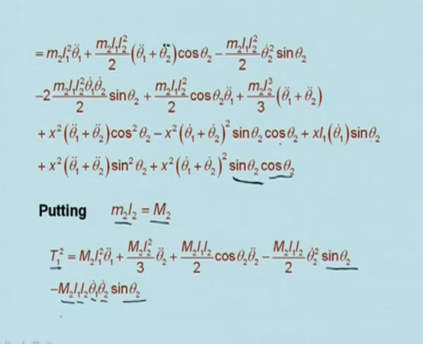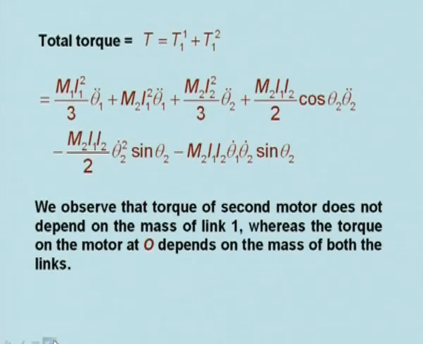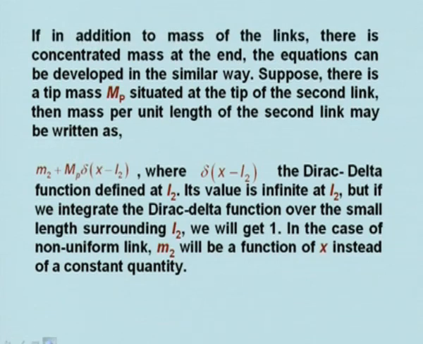If m1 was a function of x, like in a tapered rod, then we have to put it inside, and in some cases we can integrate given m as a function of x, in some cases we have to use numerical methods only. So that has to be done. Now if in addition to the masses of the rings there are concentrated masses at the end, then what should be done? Then equations can be developed in a similar way.